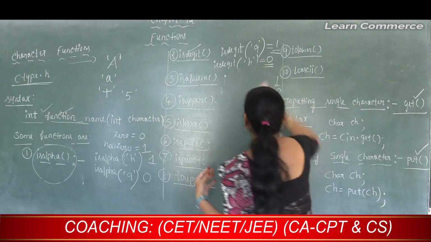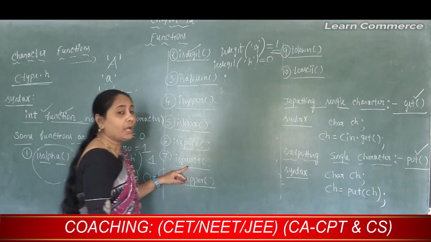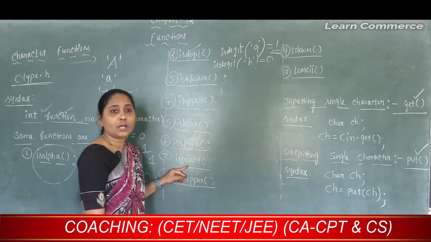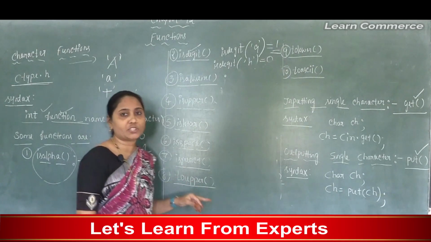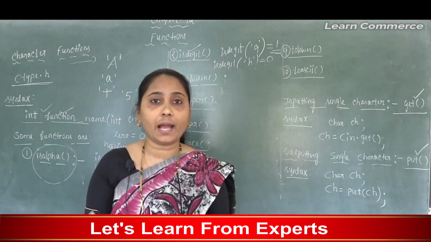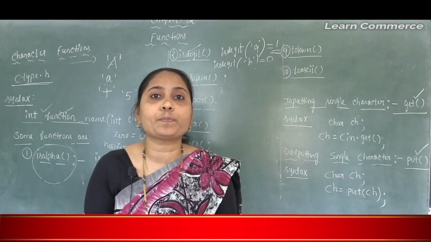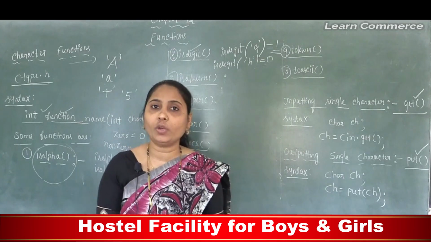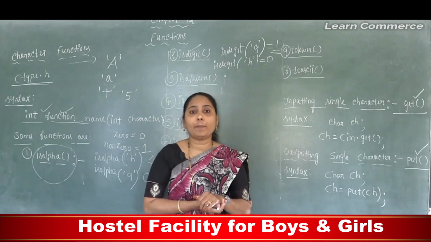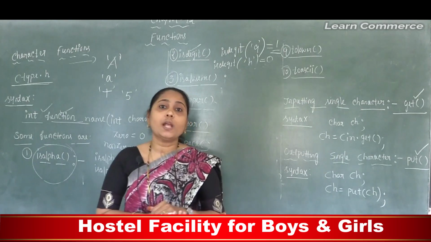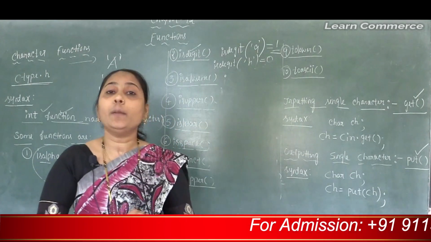Now let's look at some other functions. The next one is ispunct, the punctuation function. It returns a non-zero value if the character is a special character, as we know from our chapter, introduction to C++, about the punctuations. So many special characters come under the punctuations.